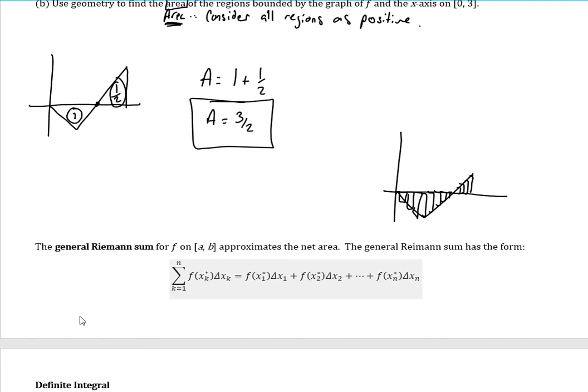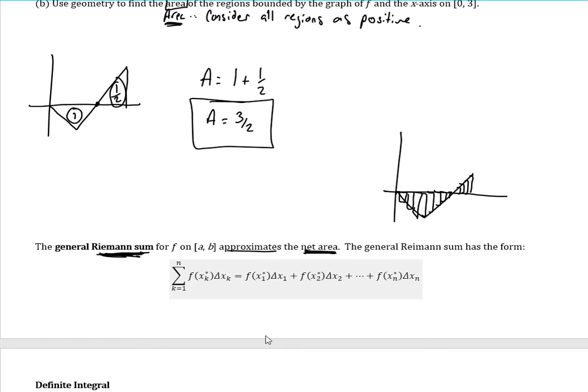But this information says the general Riemann sum for f on some interval AB approximates the net area. So Riemann sums are automatically doing net area. If we have a function that goes below the x-axis, the Riemann sum, doing it the way that we've done before, would automatically account for it.